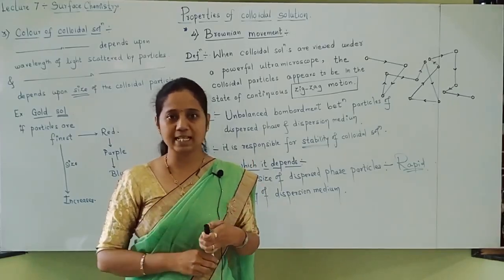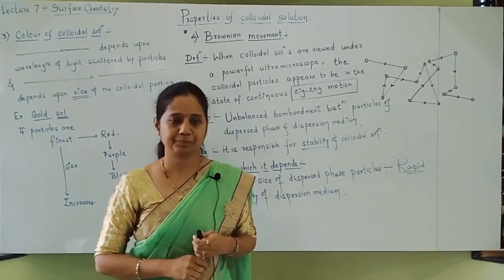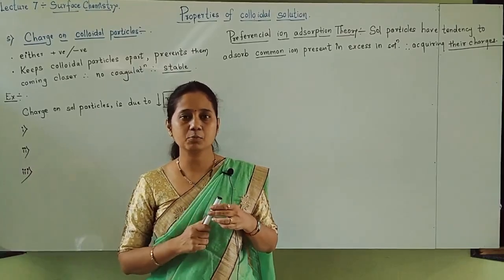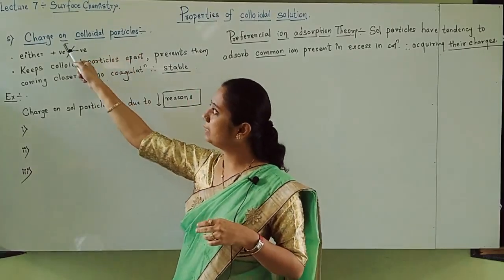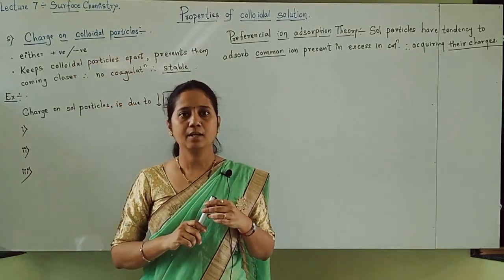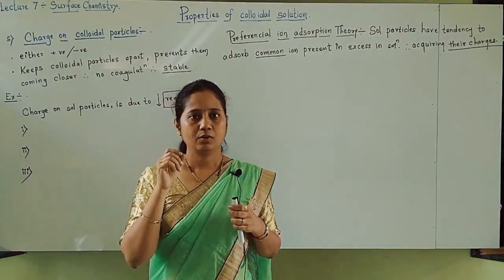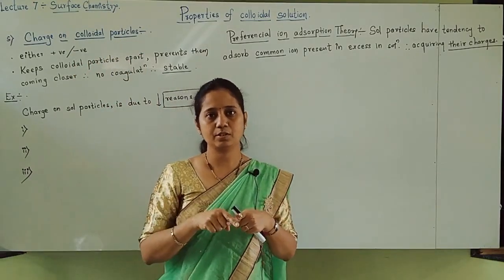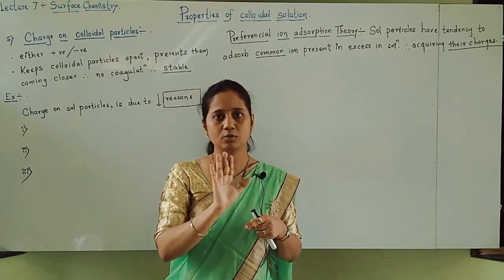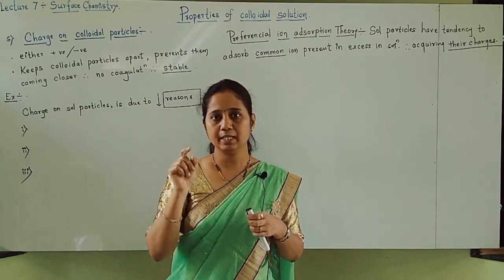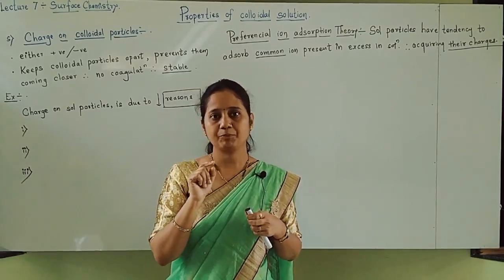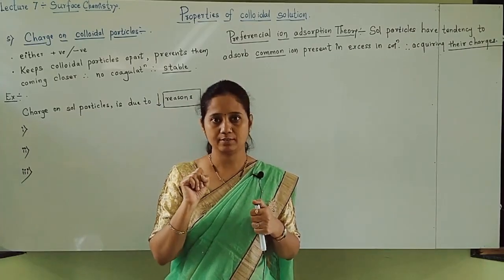Let us move towards the next property of colloidal solution. So students, the next colloidal property is charge on colloidal particles. In any colloidal solution, the dispersed phase will have some charge on it.